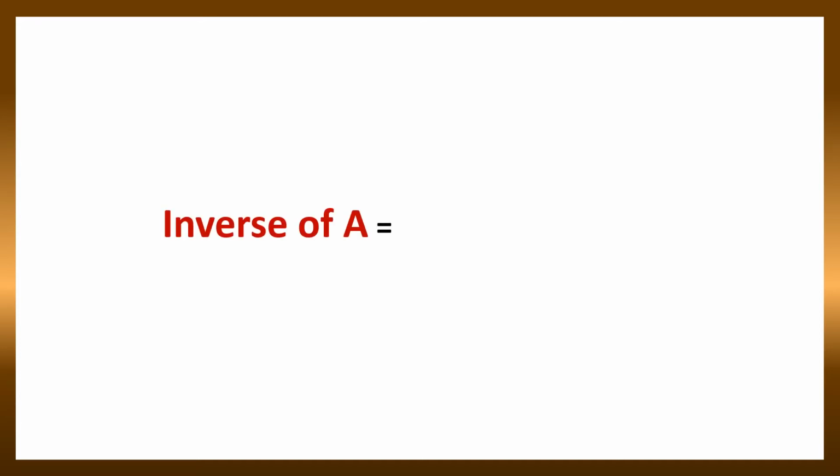Inverse of matrix A is equal to 1 divided by determinant of A into Adj A. So, for the purpose of finding the inverse of a matrix, we have to find the determinant of that matrix and the adjoint of that matrix. And we have to put it in this formula. 1 divided by determinant of A into Adj A.